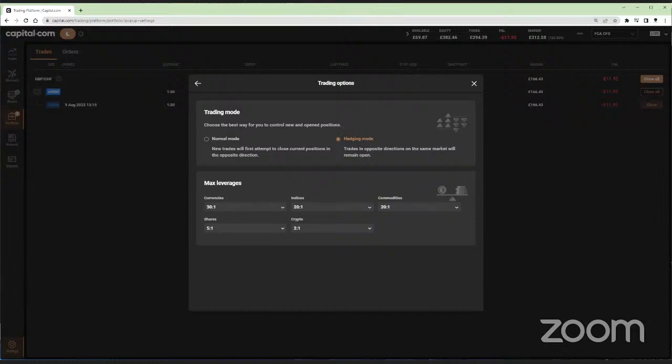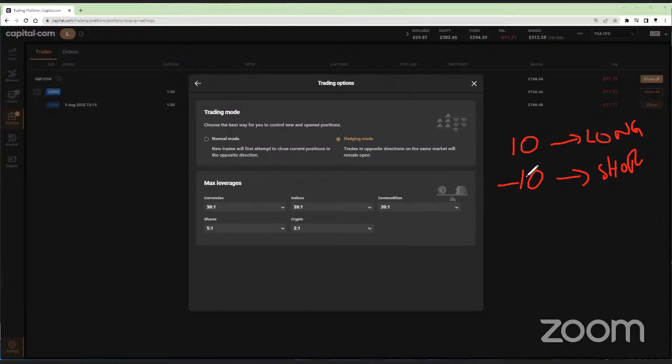In the normal mode, let's just say I've got a trade going as I do right now. Let's say I bought 10 shares, or it could be 10 units worth of that asset. If I buy another 10, that's going to make it 20. But if I'm going long here and I decide to go short, that's minus 10, so more or less they cancel out each other.